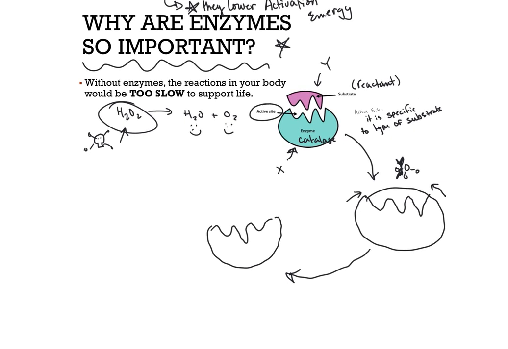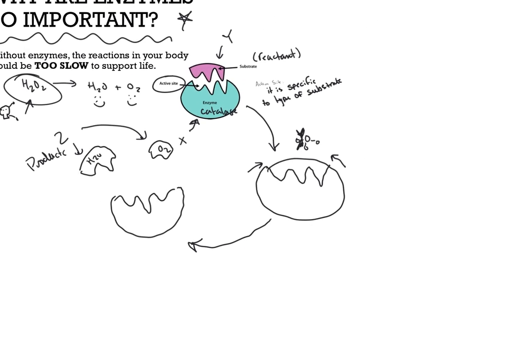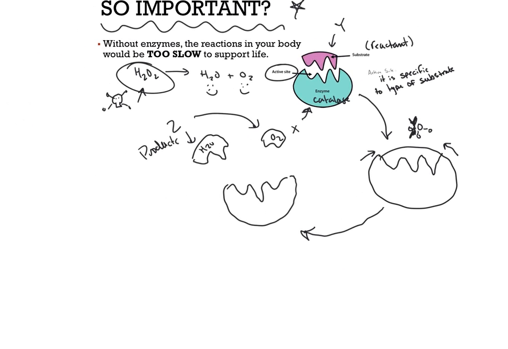And so as a result, when my enzyme is done, I'll end up having my products, water and oxygen. So in your note packets, these would be labeled Z, products. Now, something really important that I want you to add to your picture right underneath the Z part.